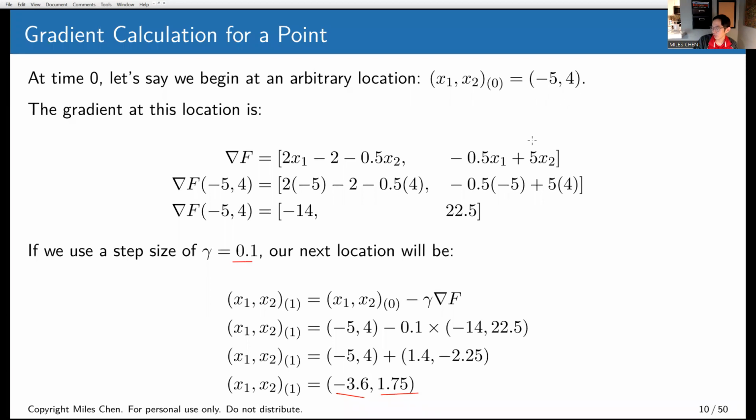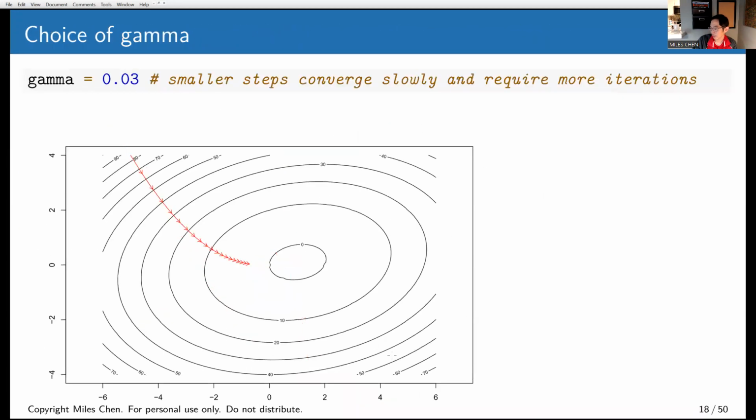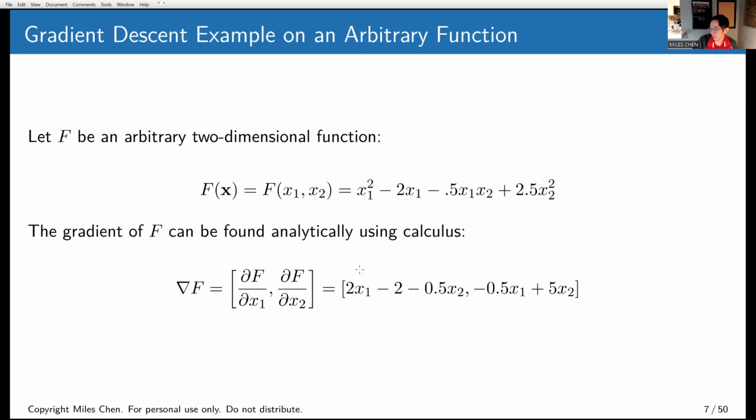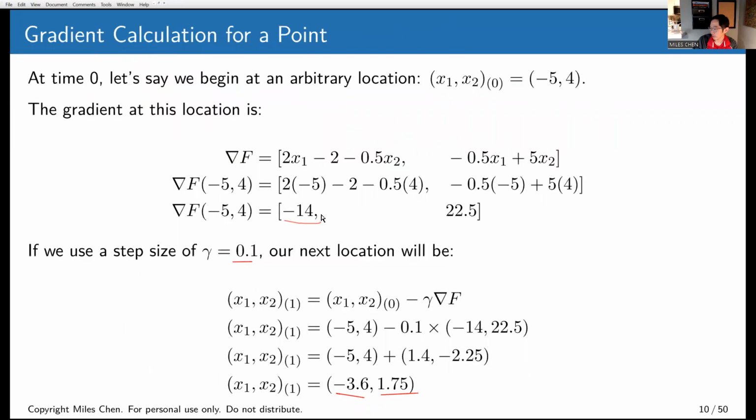I'm sorry, -3.6, 1.75 was not the gradient. That was the coordinate that we ended up at. The gradient at that location was -14, 22.5. And then when I combined it, I ended up over here. But the gradient was -14, 22.5, okay, on this slide.